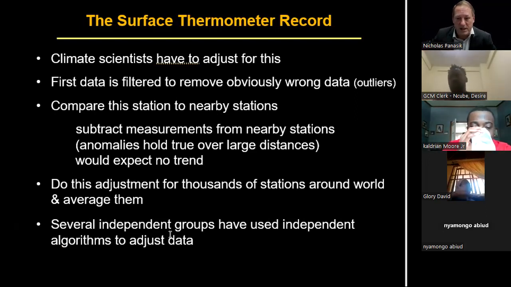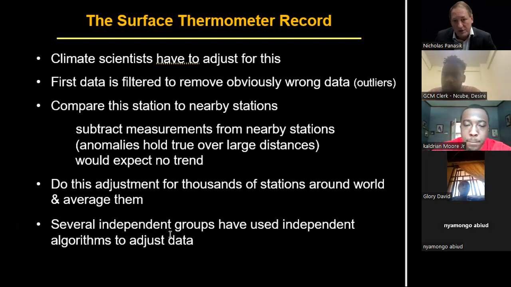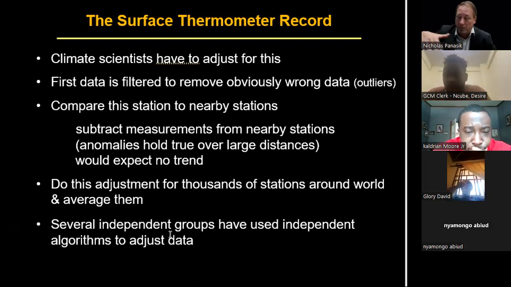There's lots of independent scientists who use their own algorithms to adjust the data, to identify outliers, to compare it to the regional differences, so they can get what they think are accurate measurements of the record, the thermometer data for any particular station or any particular region.